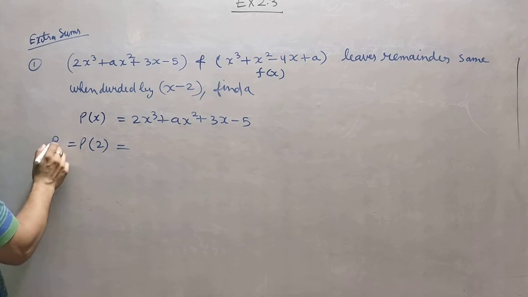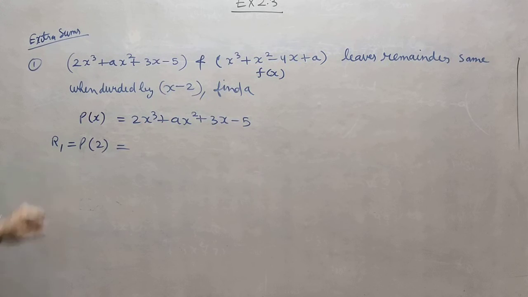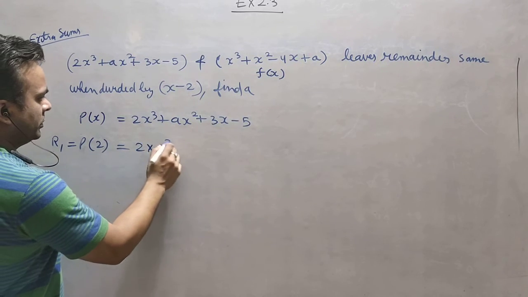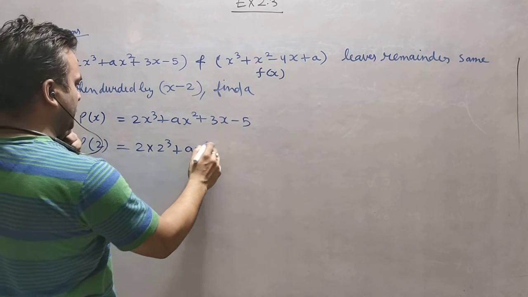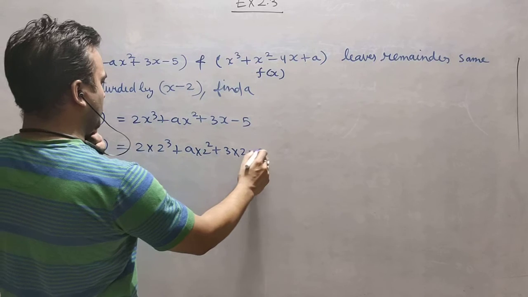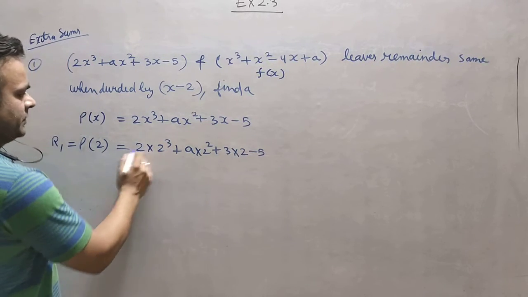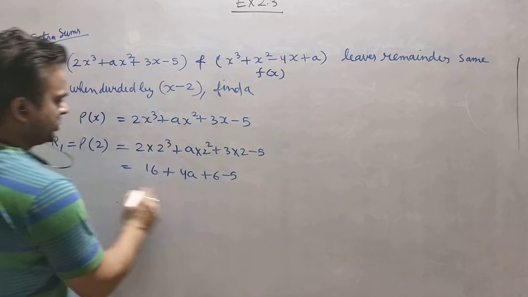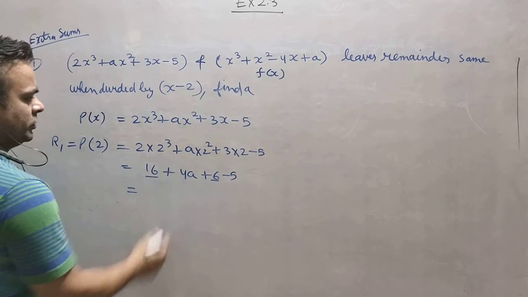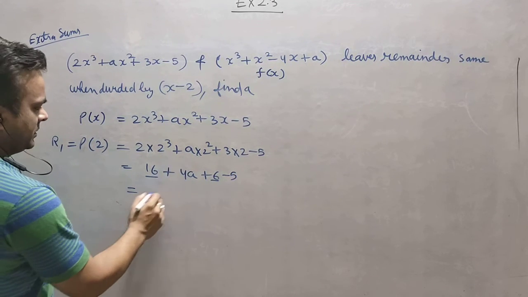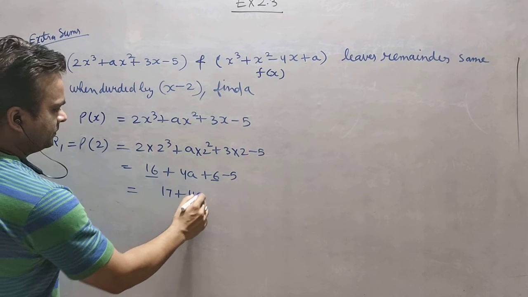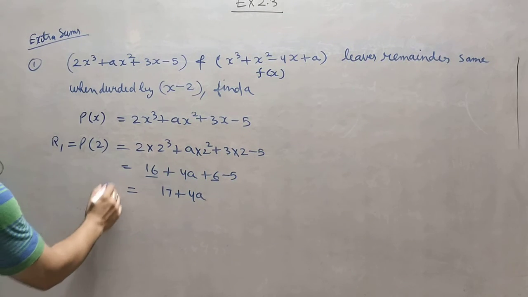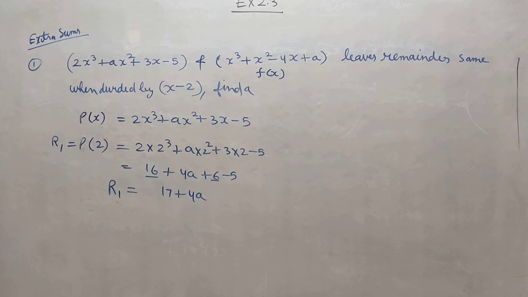So r1 is remainder 1. So 2 into 2 cube, a into 2 square, 3 into 2 minus 5. So it is 16 plus 4a plus 6 minus 5. 16 plus 6, 22 minus 5, 17. Right? So it is remainder 1.